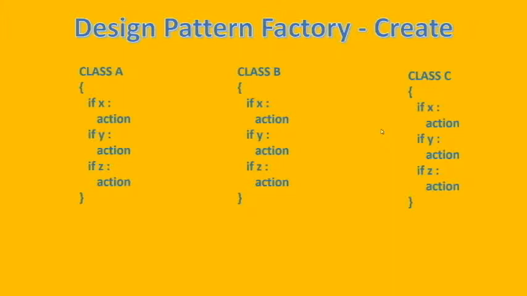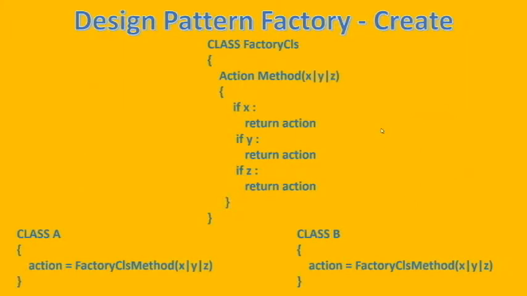So the idea behind the factory design pattern is to move the logic, when it is appropriate, to a factory class that's going to handle the logic, and then the client that uses it simply uses it. It doesn't need to know how it's implemented. As we can see here, we move the logic to a class that we're calling the factory class.